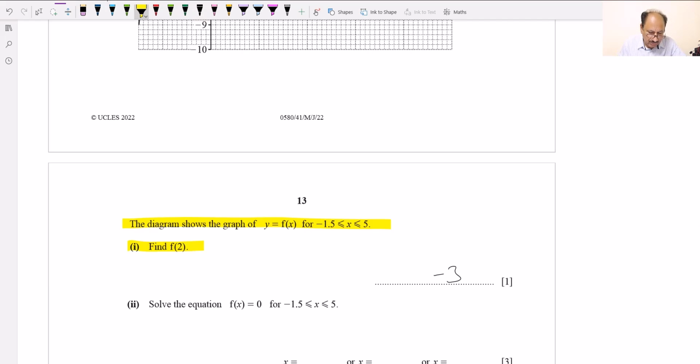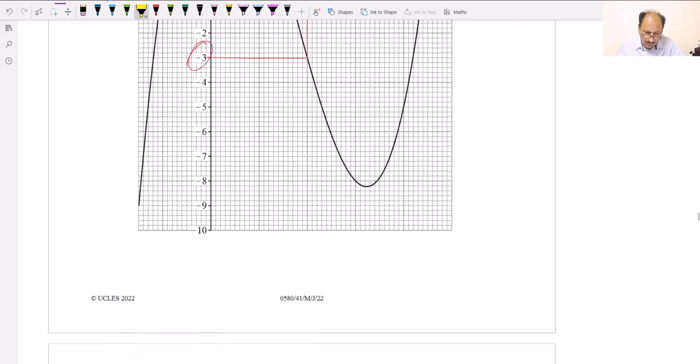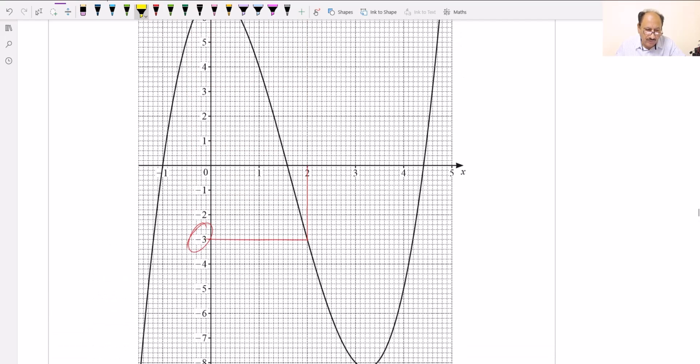Now they're saying solve the equation f of x is equal to 0. So f of x is equal to 0 will be for these 3 points. So we'll check the points.